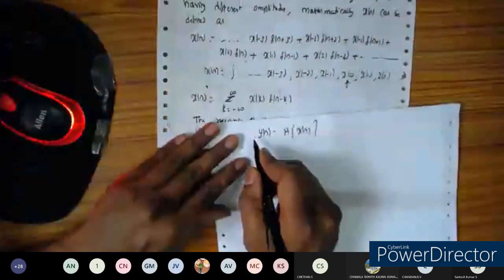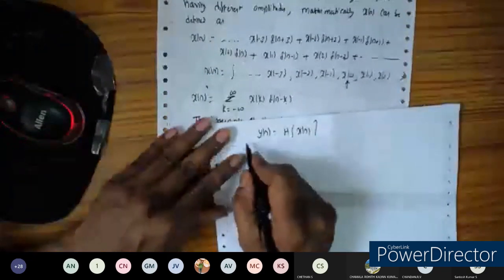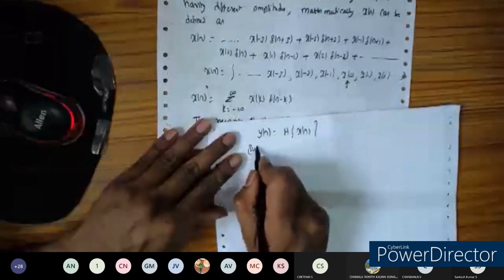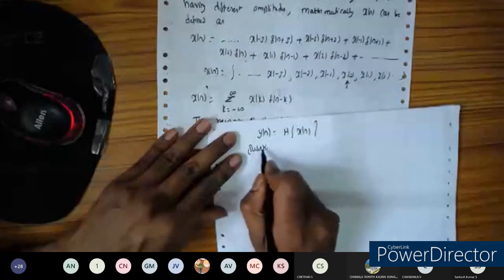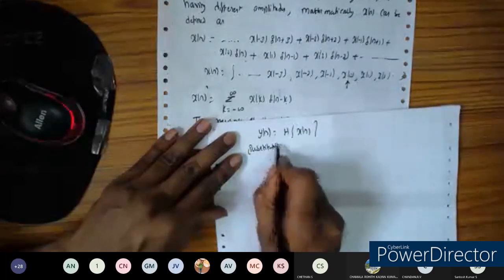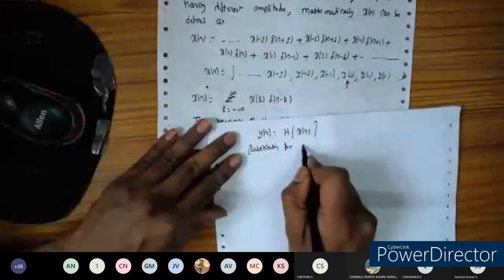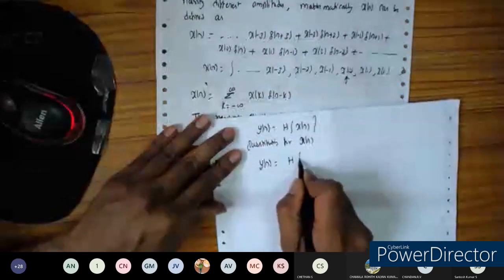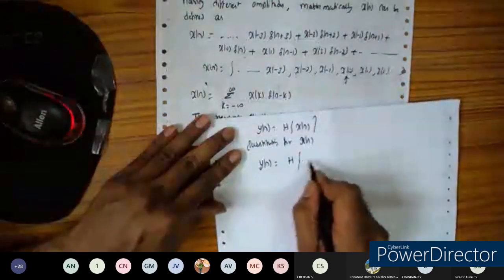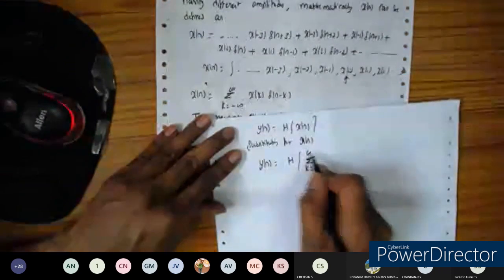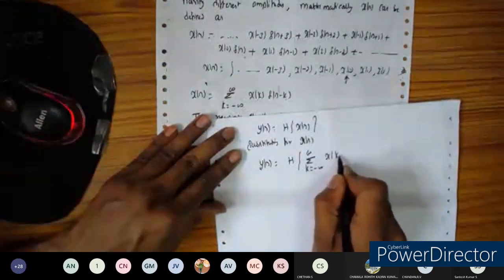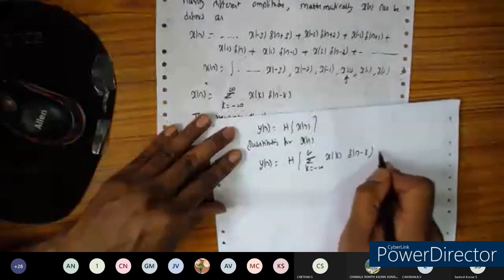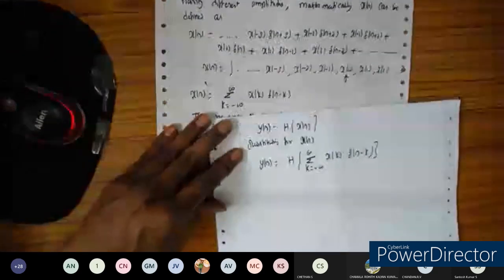Substituting for x of n, y of n is equal to H of the summation k equals minus infinity to plus infinity of x of k times delta of n minus k.